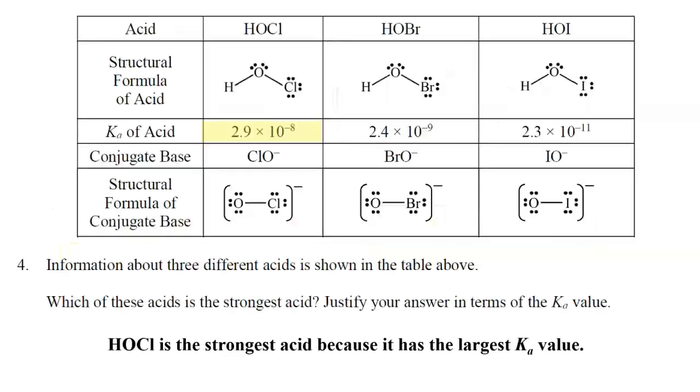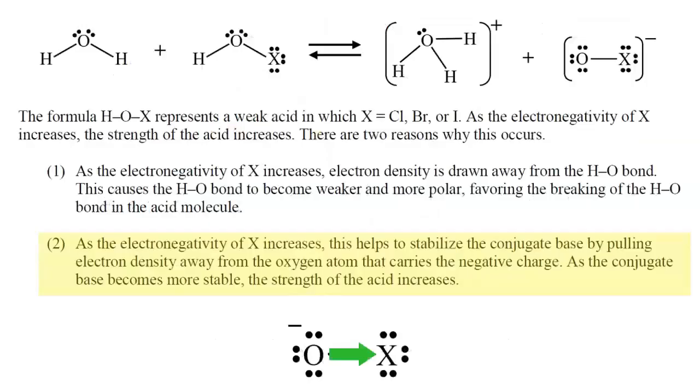Now on this next slide, this is from another question that I had presented in an earlier video where we were comparing the relative strength of 3 different acids, and those acids are HOCl, HOBr, and HOI. And it was determined that HOCl was the strongest acid in this set, and I had talked about electronegativity and the negative charge on the oxygen atom.